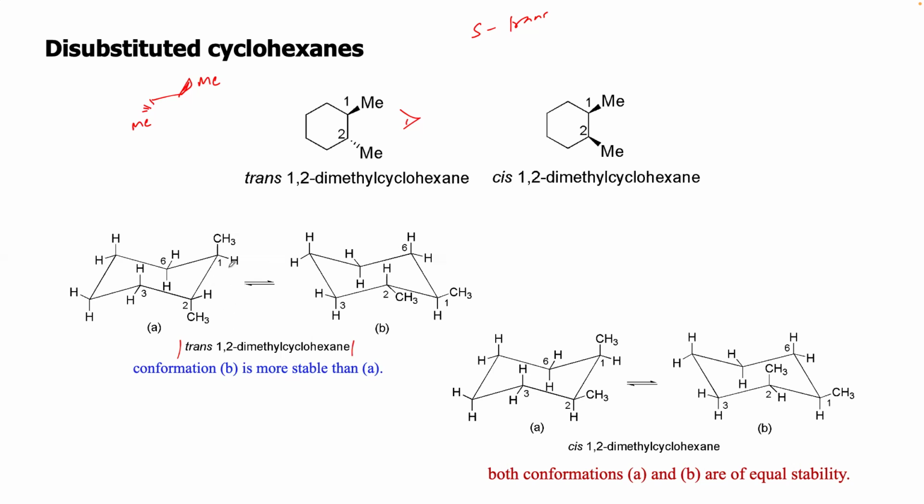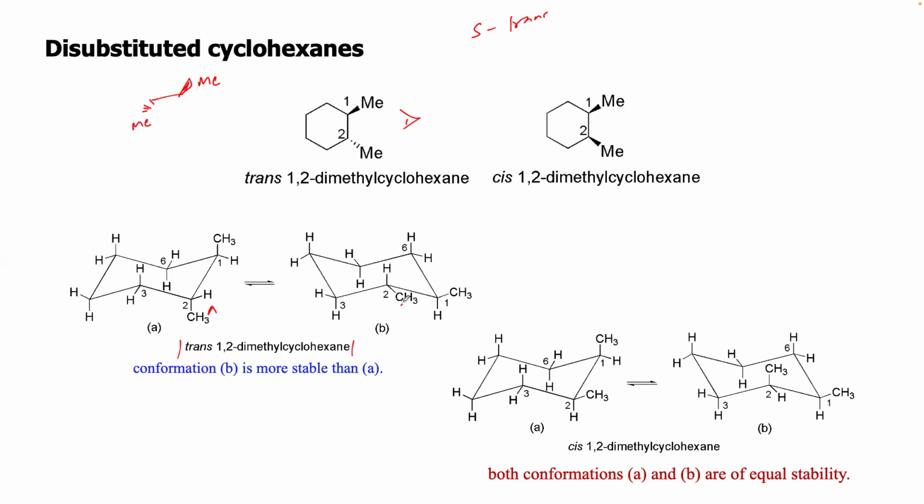Trans 1,2 means you have substituents on the adjacent carbons 1 and 2. Pay attention to their relative positions. They have to be trans, so this CH3 has to go up and the other has to go down. When you flip the ring into the other conformation, they should still have the same stereochemistry.